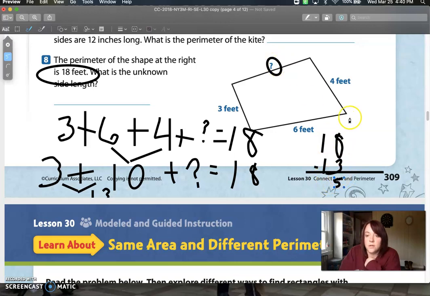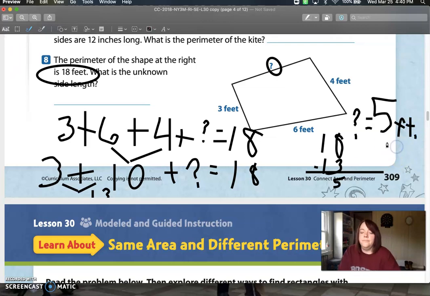So we know that question mark equals 5 feet. Just like that.